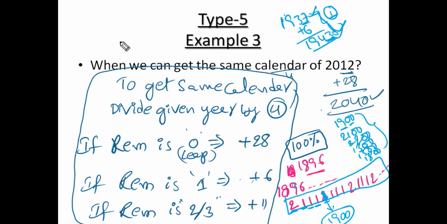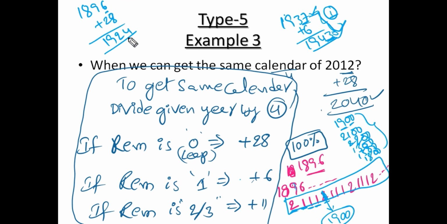Okay. So here, if you observe 1896, it is a leap year. If you add 28, how much is it? 1924. So 1896 is given.